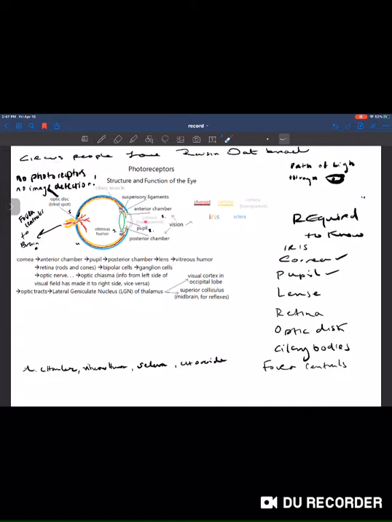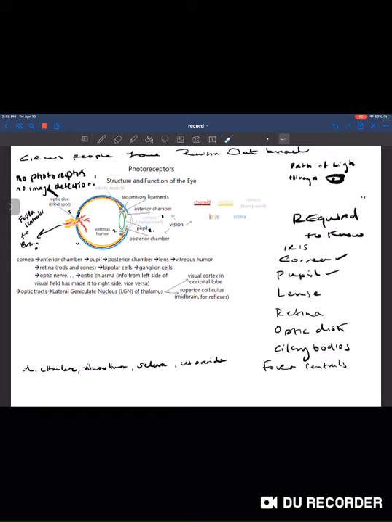Circus, cornea, people, pupil, love, lens, raisin, retina, oat, optic nerve, bread, brain. And remember, the brain is where images get processed.